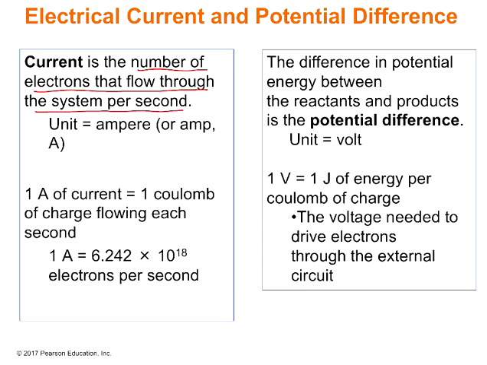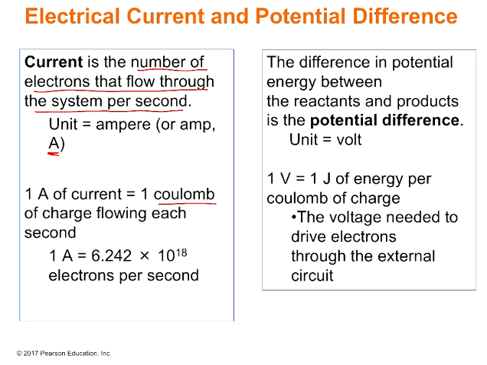The unit that we use for current is called the ampere, or you might hear it as amps, and that has the symbol capital A. So 1 amp of current is equal to 1 coulomb of charge flowing each second.